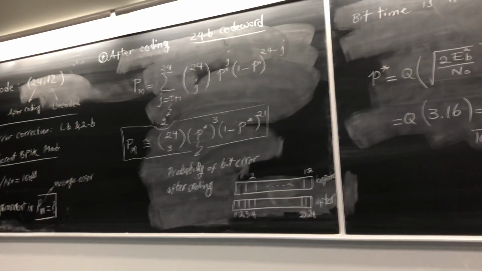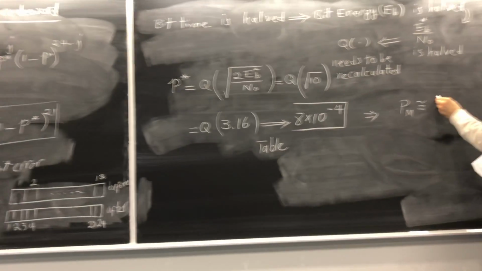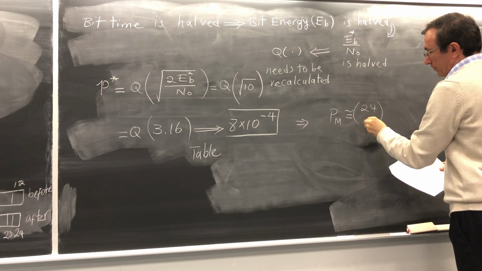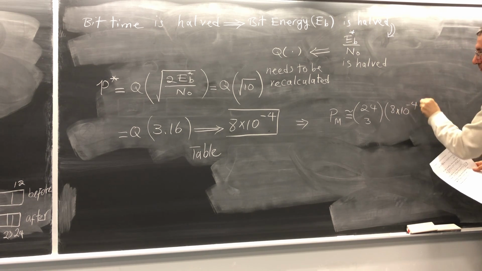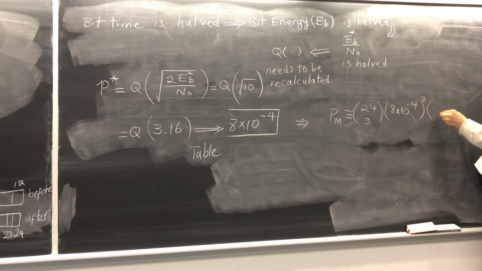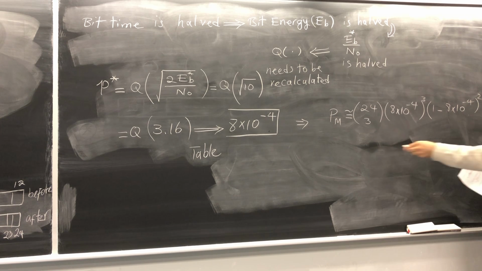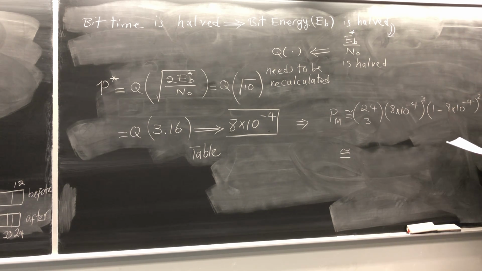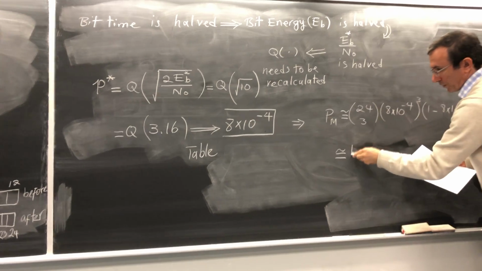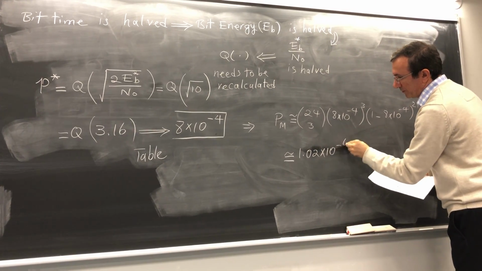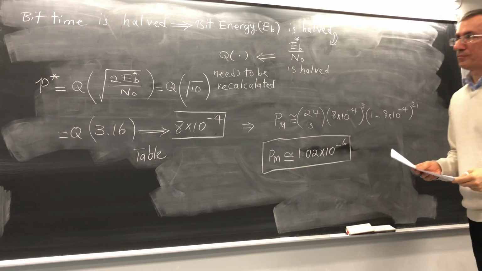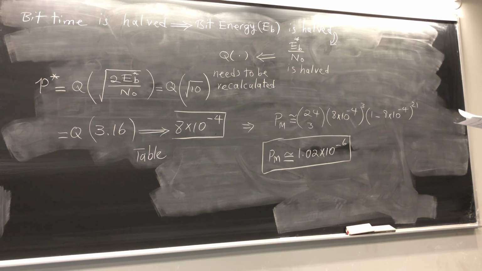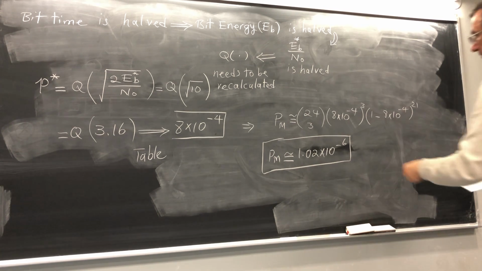So Pm would be approximately equal to 24 choose 3, 8 times 10 to the negative 4 to the power of 3 times 1 minus 8 times 10 to the negative 4 to the power of 21, and that would be equal to 1.02 times 10 to the negative 6. Right, so this is after coding.